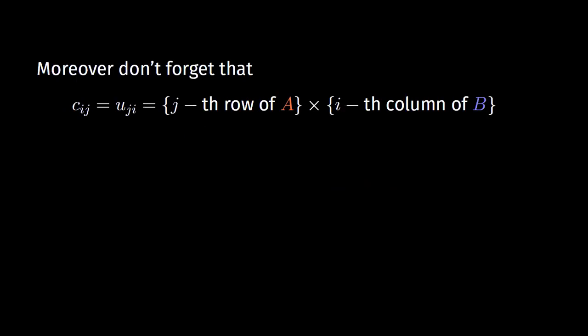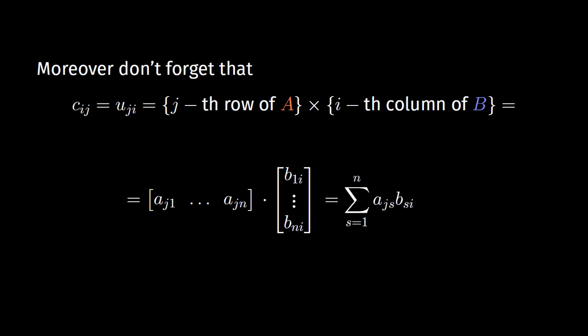Now, C_ij, which we said is equal to U_ji, is the row column product of the jth row of A and the ith column of B. Then it is given by A_j1, A_j2, and so on until A_jn times B_1i, B_2i, and so on until B_ni, whose final result is the sum of the products of the form A_js B_si.